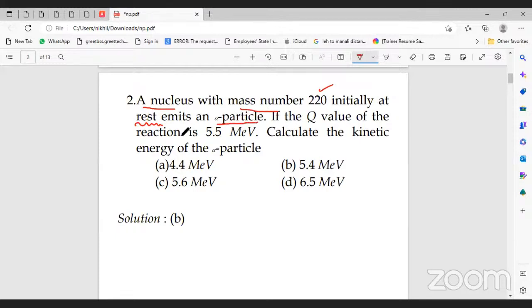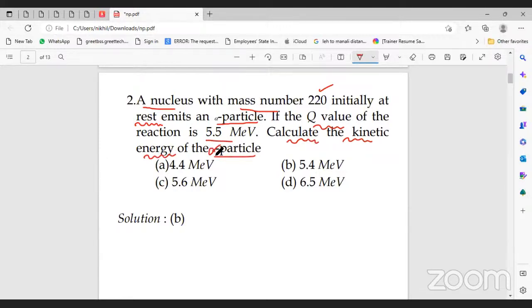It emits an alpha particle. What is the Q value of the reaction? 5.5 mega electron volt. That is the energy released in the reaction. They are asking you to calculate the kinetic energy of the alpha particle.